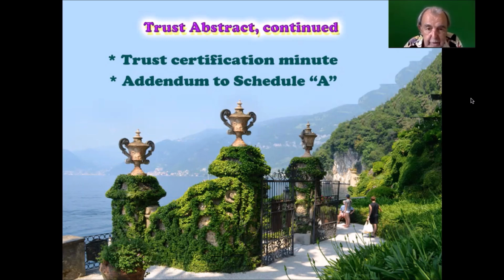So either clip it together or take them out altogether. And the banker ultimately really shouldn't care what the minutes are. He's depending on this abstract and then possibly the indenture to make sure that he's got what he needs to make his part legitimate.